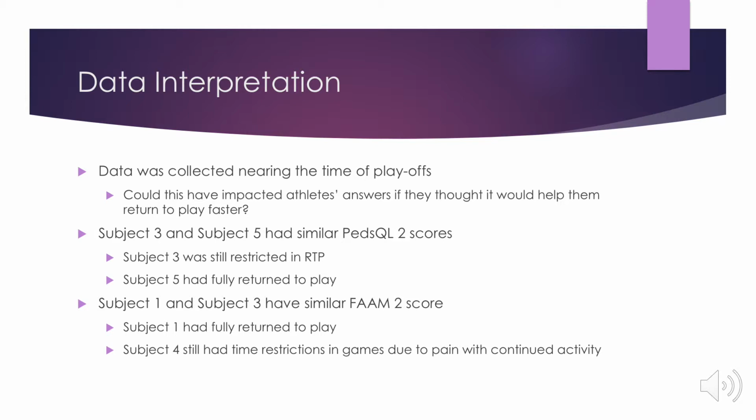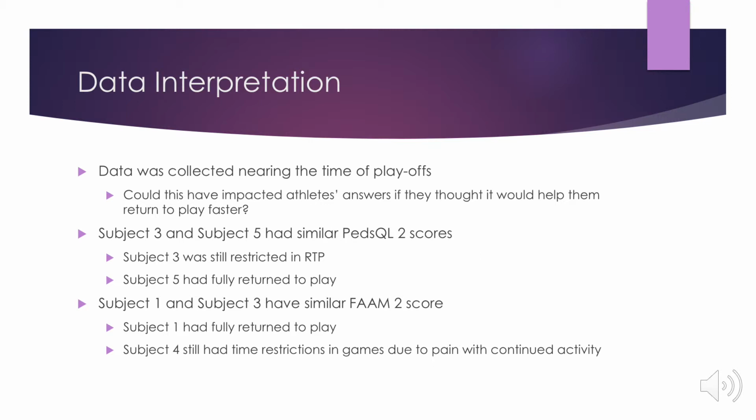Something I did find interesting and that got me thinking a bit was that the data was collected nearing the time of playoffs at my school. So I'm wondering if this could have impacted athletes' answers if they thought that this would help them return to play faster. For example, subject 3 and subject 5 had similar PEDS QL scores, but subject 3 was still restricted in return to play, and subject 5 had fully returned to play.